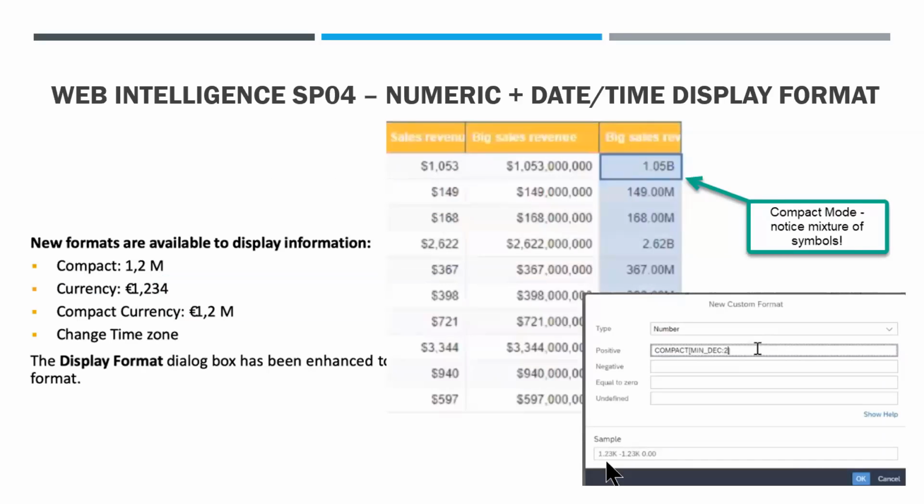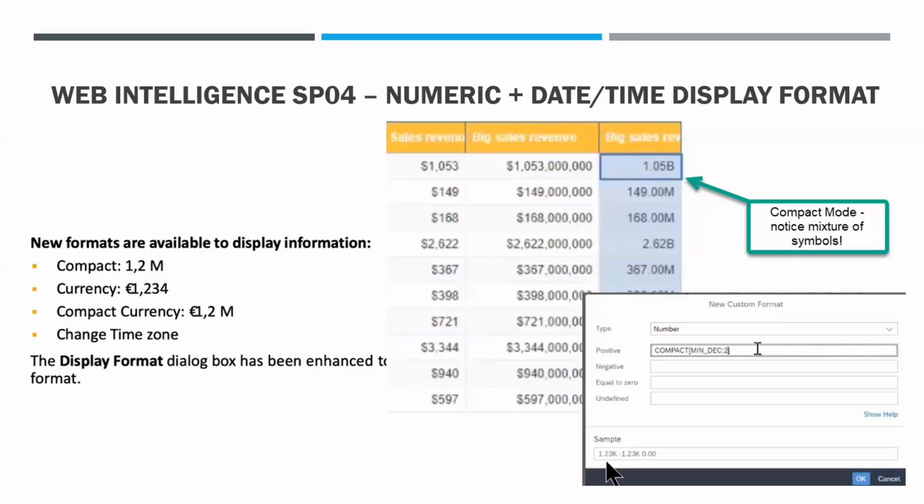This one is my favorite. Finally, they call this compact data display mode. So you know the 1M, 100K. They had kind of a hack for that, but we couldn't do a mix of 100K with millions.